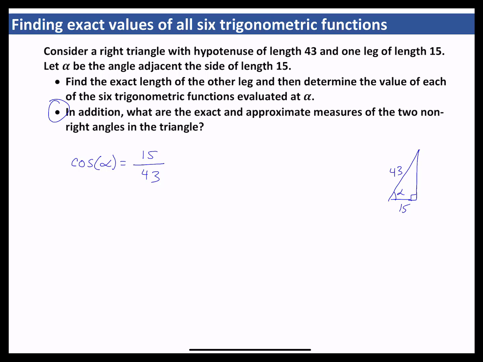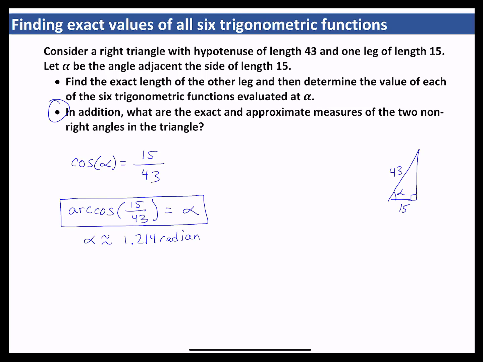And if we do the inverse of that, we'll have the arc cosine of 15 over 43 equals alpha. This would be our exact answer. And the estimate in radians for that angle alpha would be 1.214 radians.